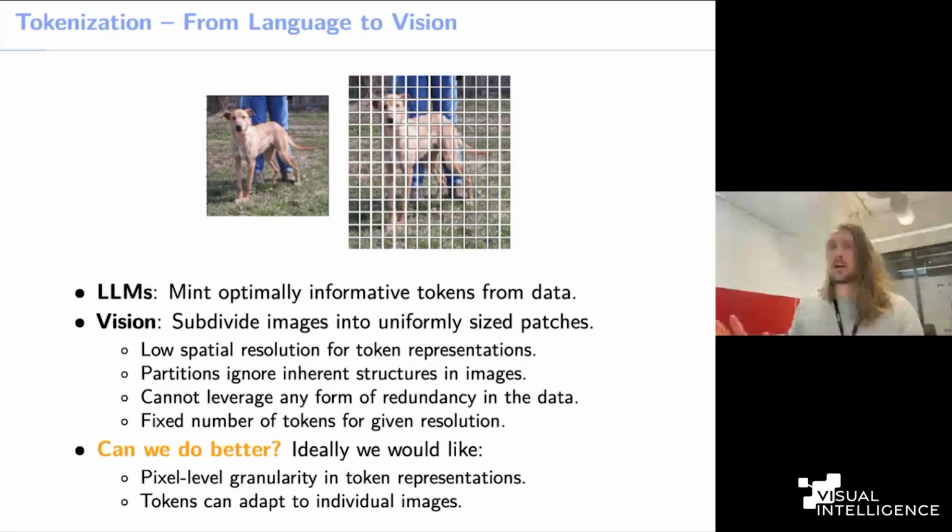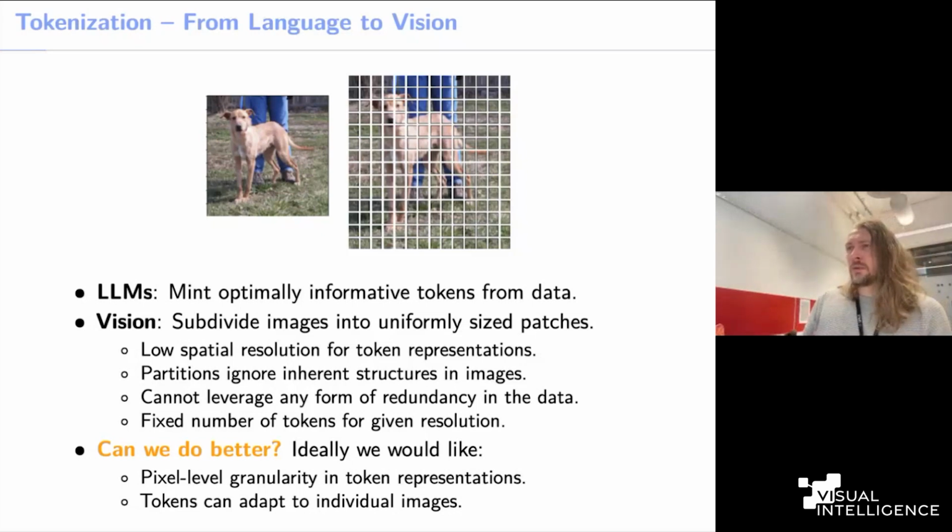For instance, if you have large areas that are homogeneous, then these areas will have exactly the same number of patches or tokens as a region that has more texture and more information. And you also have to fix the number of tokens for any given resolution.